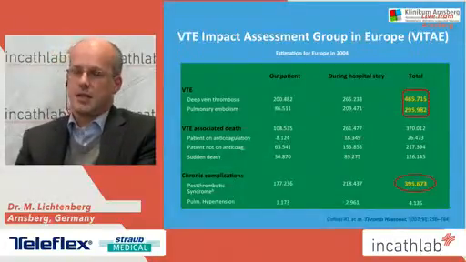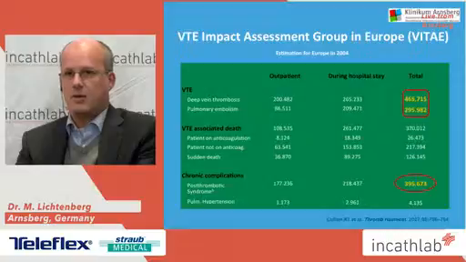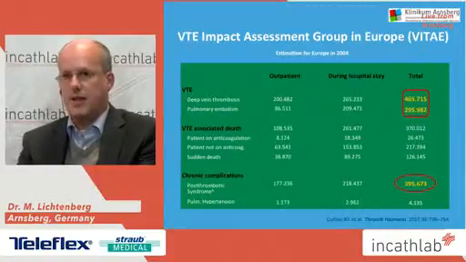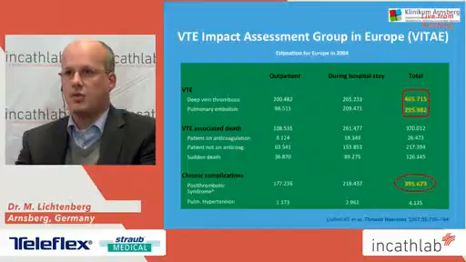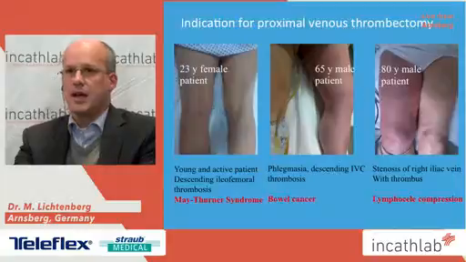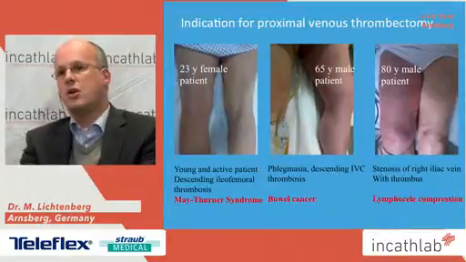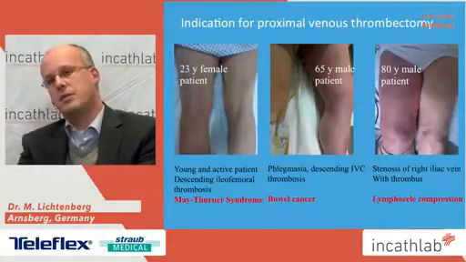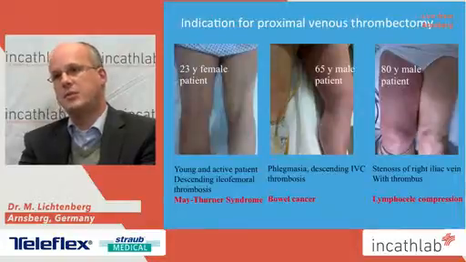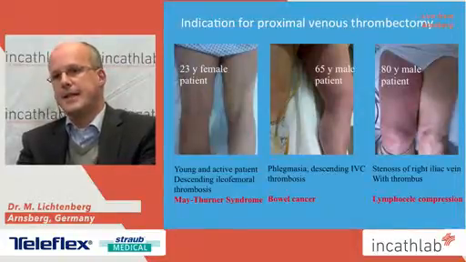So this gives, of course, from my perspective, the indication for the thrombectomy approach for these patients. And here you see some indications for proximal venous thrombectomy procedures which we performed.